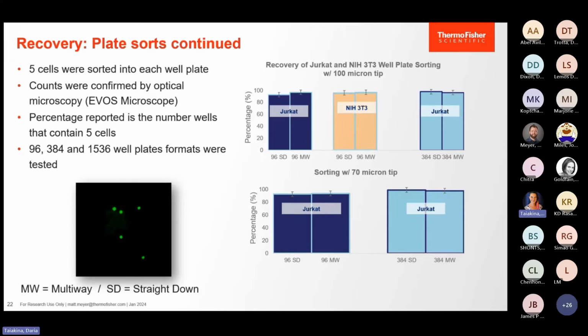And so we can look at that into 96, and in this case, the data on the right is 384 well plates. Looking at Jurkats that were sorted on the 70 micron tip, with a very good amount of cells, the correct number of cells per well for 384 in both straight down and multi-way. The top data is 100 micron tip data using NIH 3T3s.